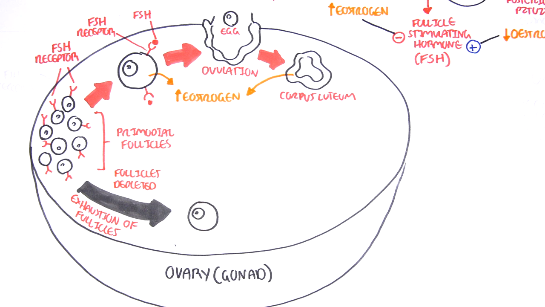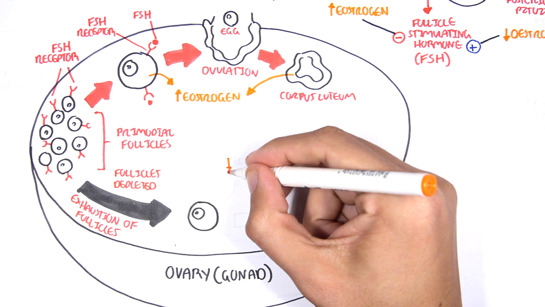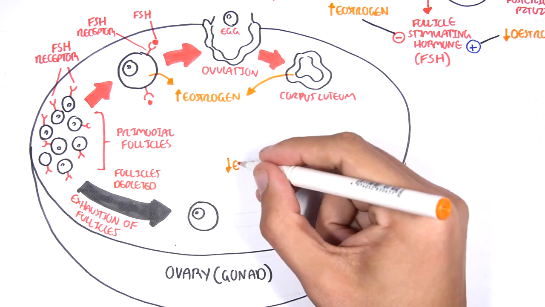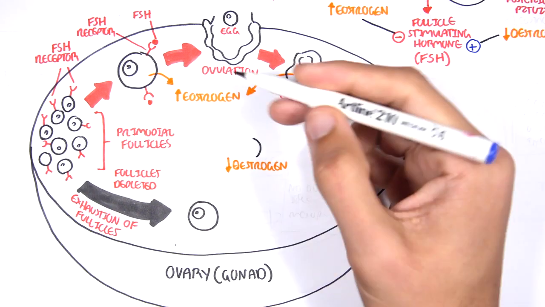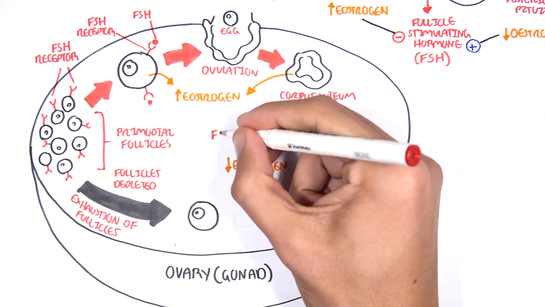However, if this happens each month, and there's less and less follicles maturing, you have less and less estrogen being produced. So when you have less and less estrogen being produced, this will actually stimulate the release of more FSH.